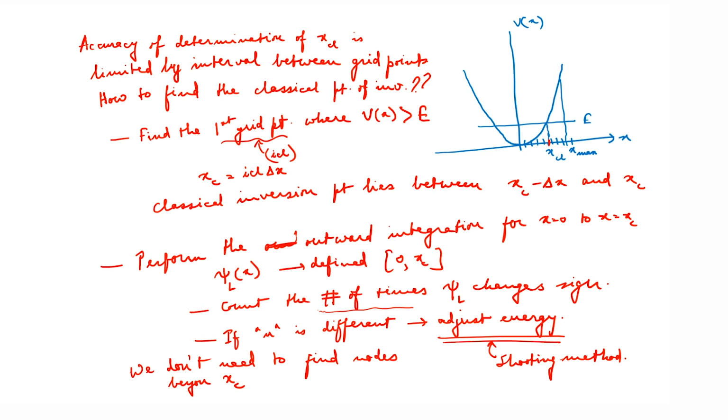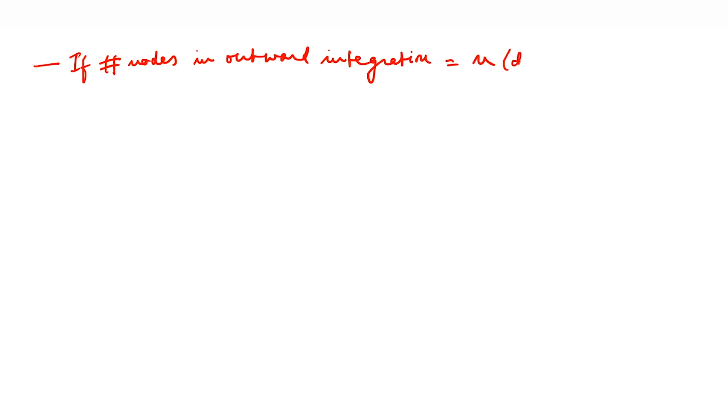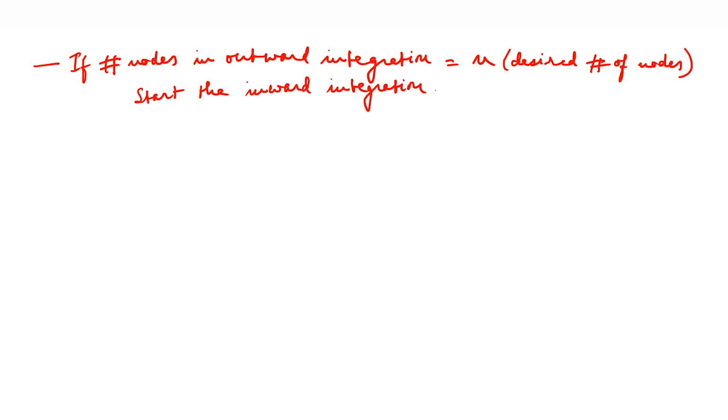Once you are sure that your outward integration is correct, that is the number of nodes in the outward integration is equal to n, my desired number of nodes, I start the inward integration, which I define as psi r of x, defined from x c to x max.